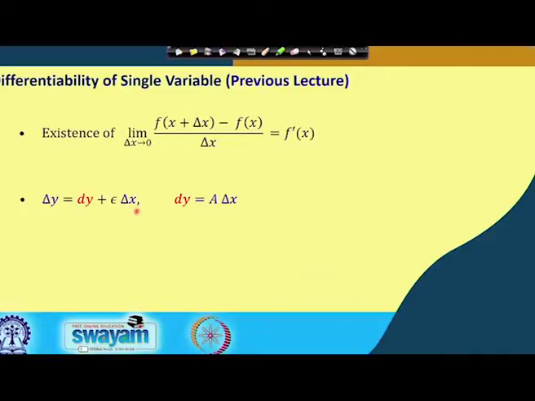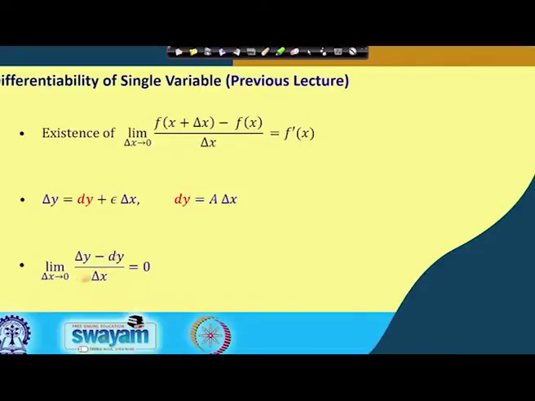as Δx goes to 0. The third one was useful for testing differentiability. We have seen that if the quotient (Δy − dy)/Δx, when we take the limit Δx goes to 0, is 0, then we call the function differentiable.